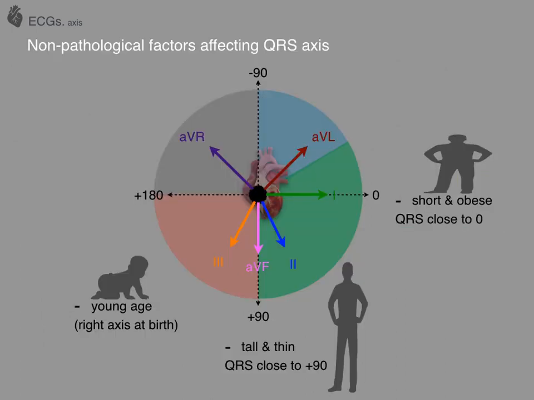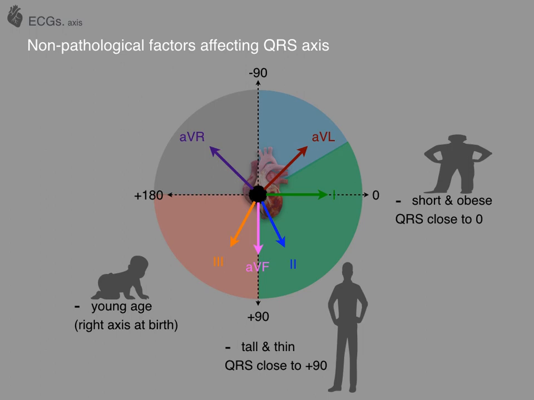It is, however, important to be aware that there are some non-pathological factors that affect the QRS axis. At birth, we all tend to be right axis, and then as life progresses, this axis shifts more towards the left.